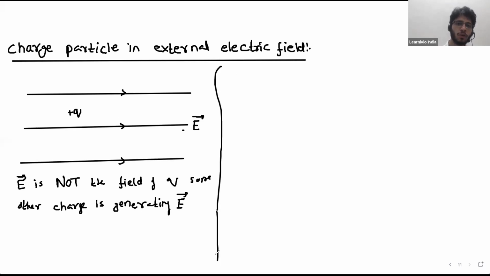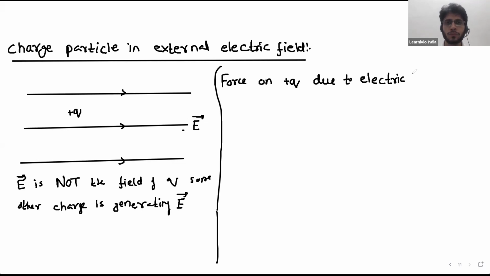So what happens is when you put a charge q in this electric field E, this electric field will exert some force on q. So force on q due to electric field E will be plus qE.